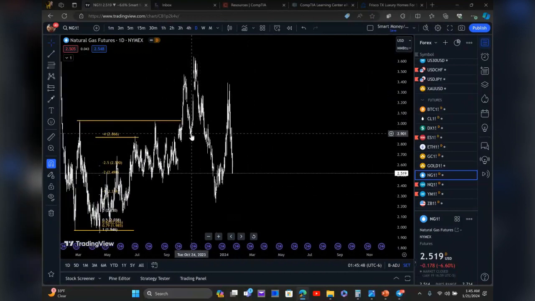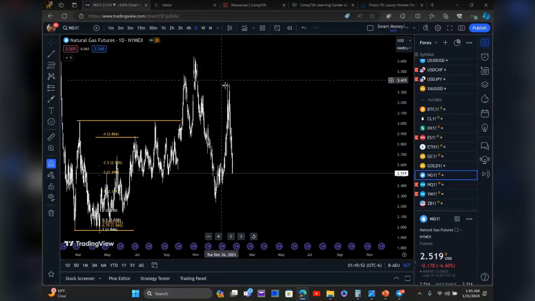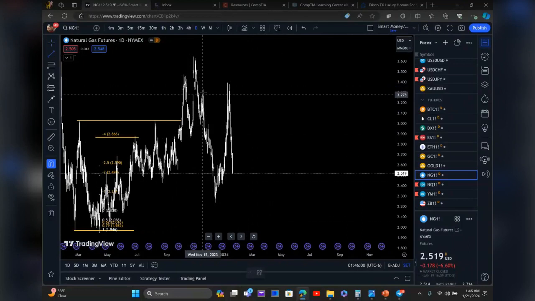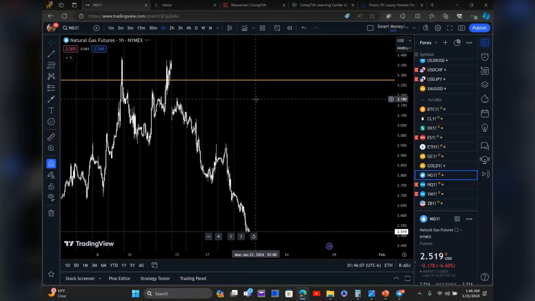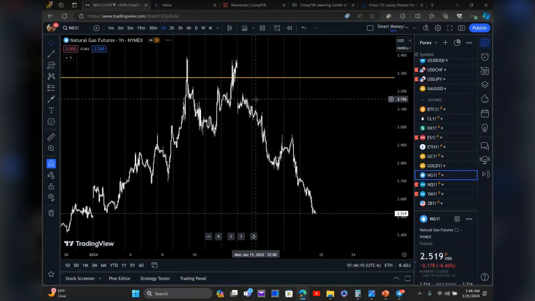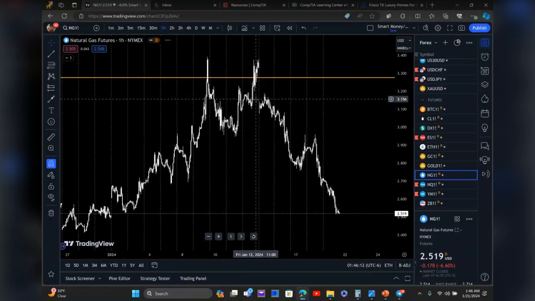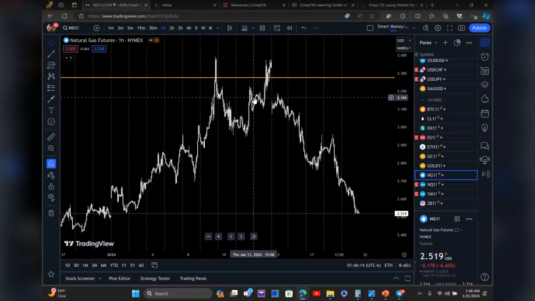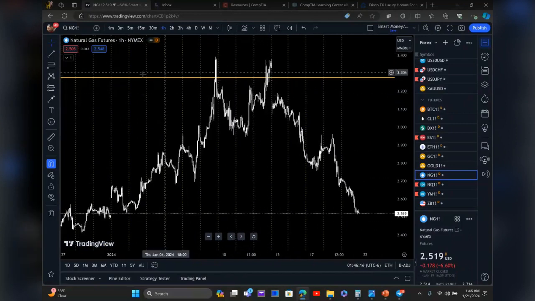Because look, this is more than just a break of structure right here. Down, didn't beat this high up here. Took out liquidity here. Tapped into the zone right there. Let's see. Is natural gas coming down? Is it? 1 hour? Zone, boom.